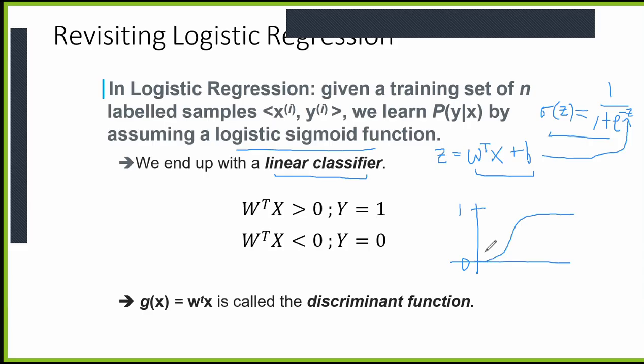And for the logistic regression, the threshold is 0.5. So we could forget about the bias term here.